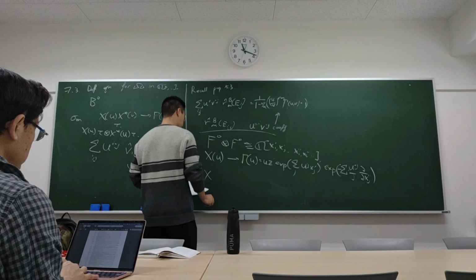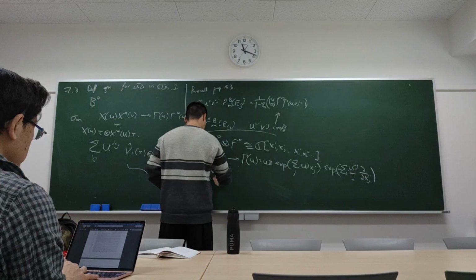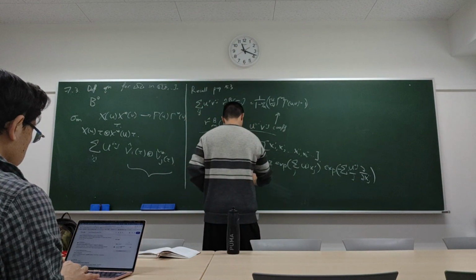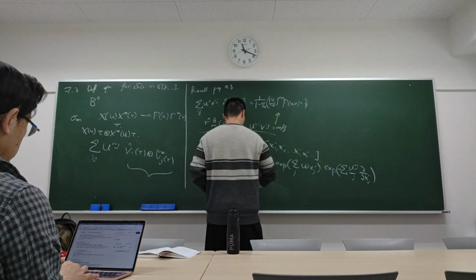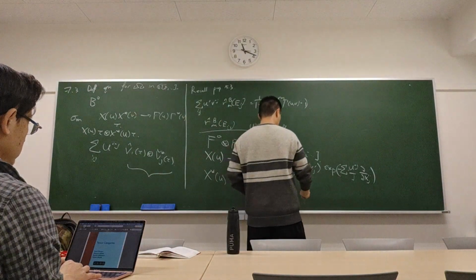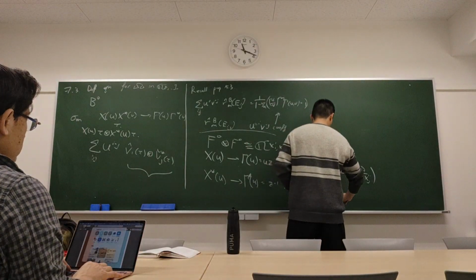That's how u transforms and x star u transforms as star c inverse exponential the negative of this and the positive of this.